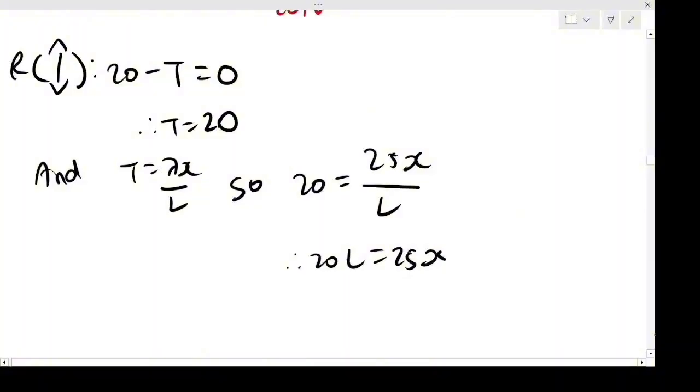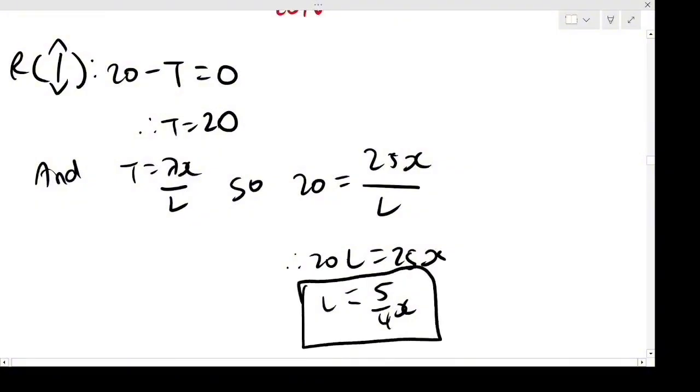So then L, if I divide by 20, 25 over 20 is 5 over 4 x. Okay, that's about as much as we can do here.